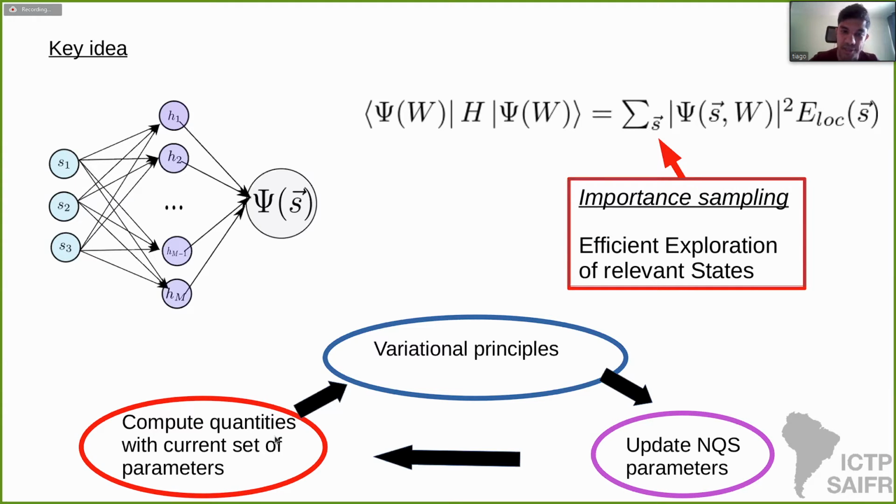Then I can return here and keep running this process until, for example, if I want to compute the ground state, the variance of the energy is small. You can use some criteria to define when you reach convergence. But it's exactly what is done in variational Monte Carlo. The only difference is that now I use neural quantum states as my ansatz.